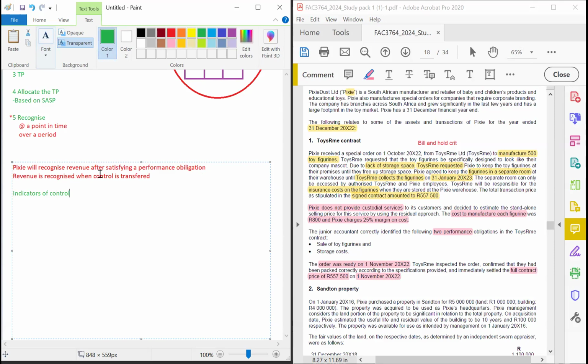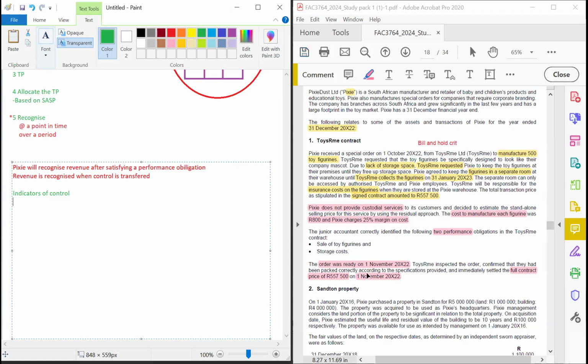You will know by the indicators of control. So, what are the indicators of control? It is when the customer receives the product. Sometimes this receiving part is when the customer receives the rights and obligations of the product, not entirely receiving the product in its physical nature, right?